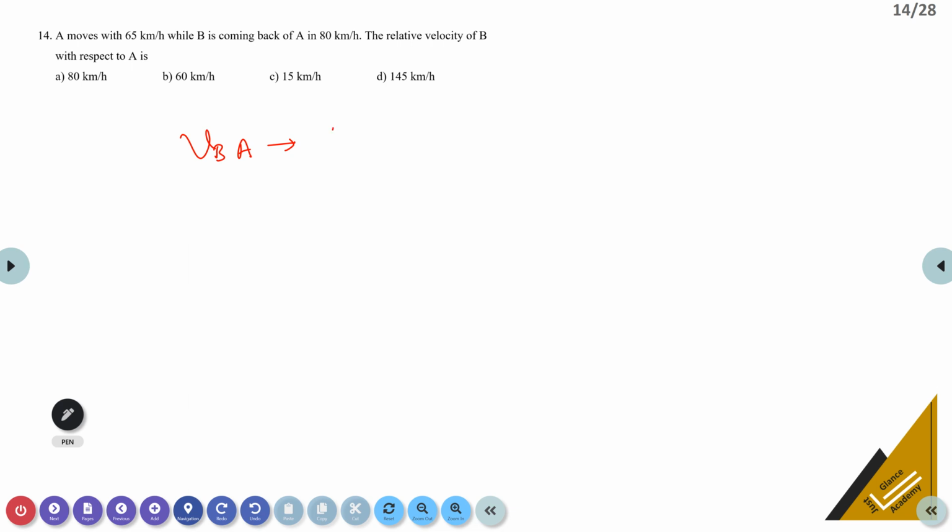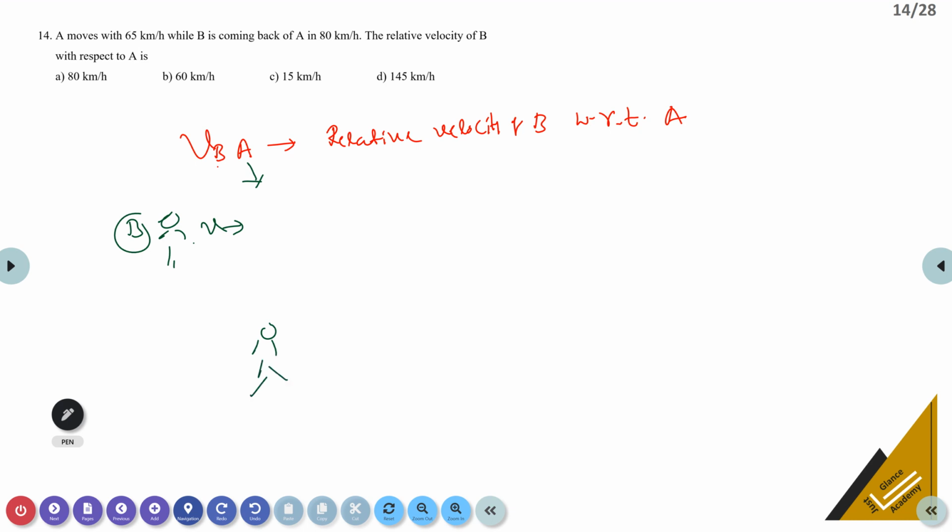It is called relative velocity of B with respect to A. What is the meaning of this? That means velocity of the body B as observed by A. Here B is moving with some velocity. The velocity of this fellow is observed by another person, A. This is the meaning of it.